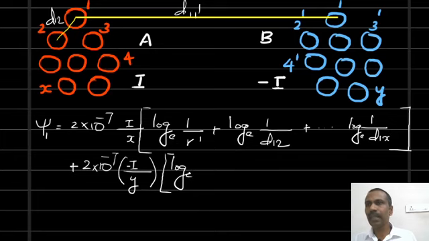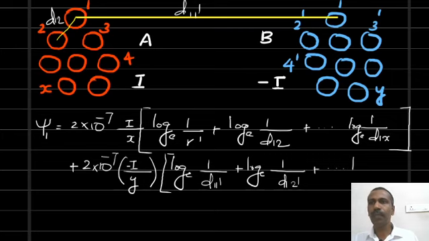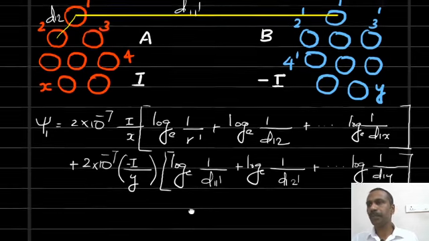Here the distances are 1 by D11 dash plus 1 by D12 dash plus etc. up to 1 by D1Y, because we have Y number of strands in the conductor B.